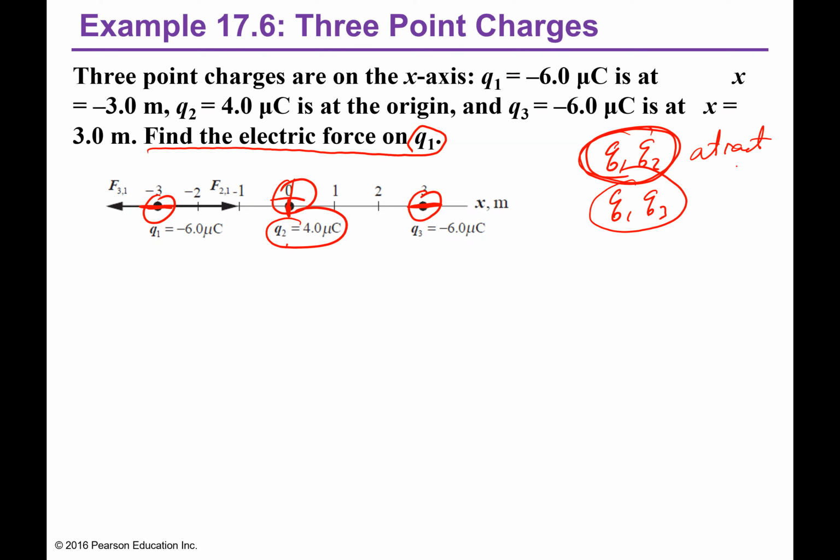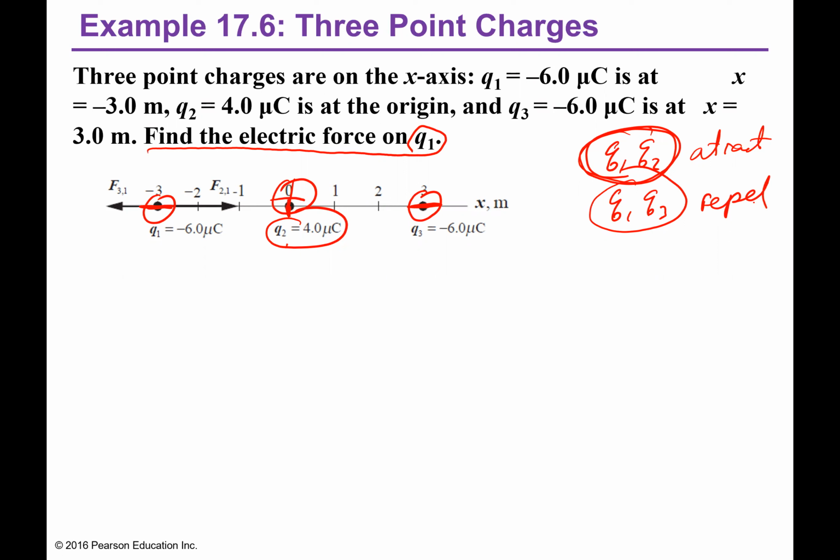When Q1 and Q3 interact, they repel each other.